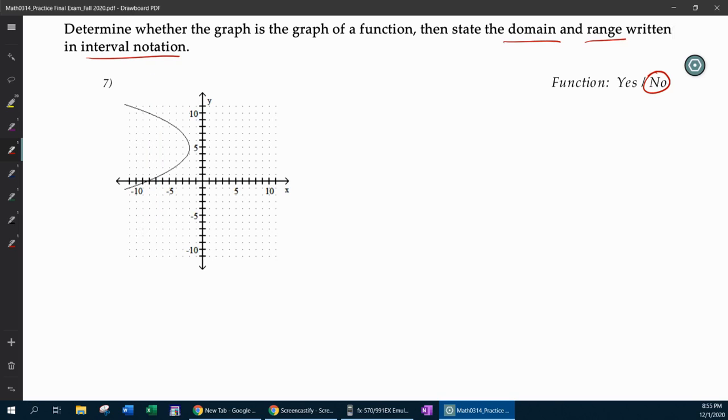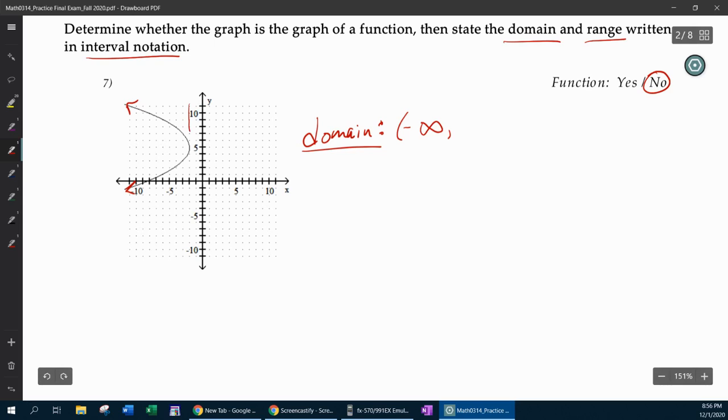And we can get the domain and the range. So the domain is from left to right. We can see that this graph is going to go forever to the left. So the domain is going to start at minus infinity. But it looks like this graph stops at -2.